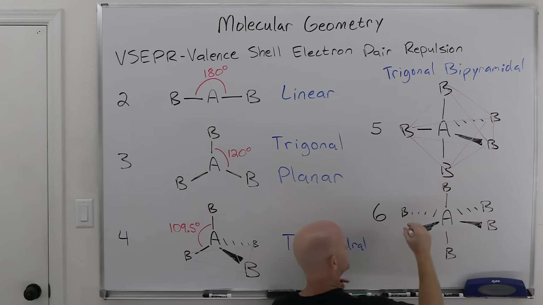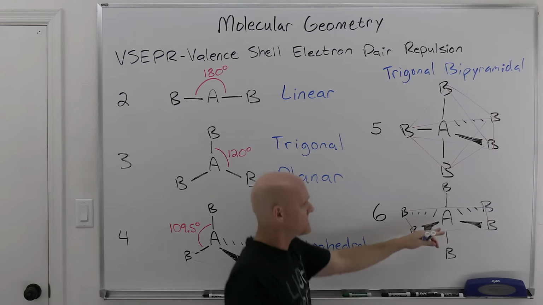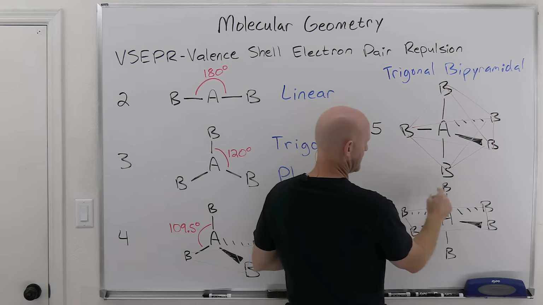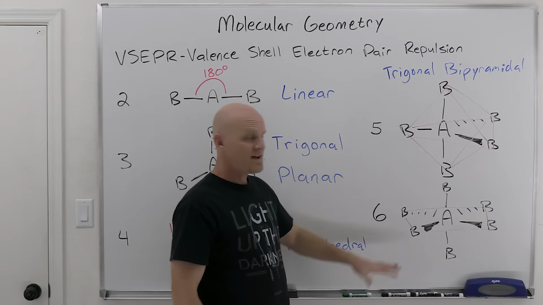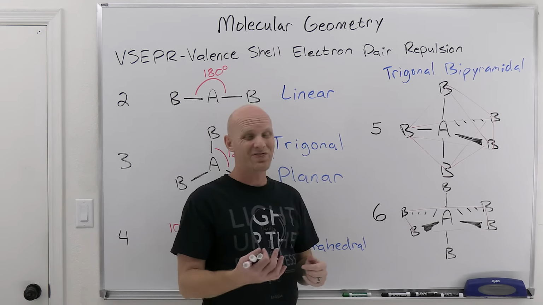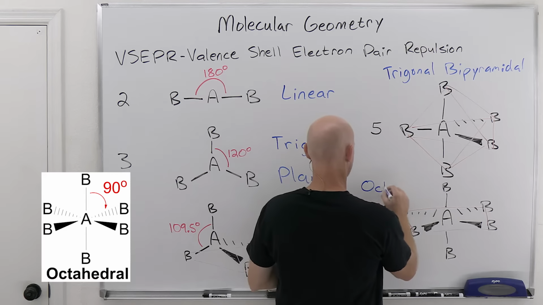And again, these 4 across the middle here form a perfect square that's once again in this horizontal plane. And then you have one straight up and one straight down. Cool. Now, it would be nice if they called this like square bipyramidal to be consistent with what they did here, but they don't. So it turns out we refer to this as being octahedral.